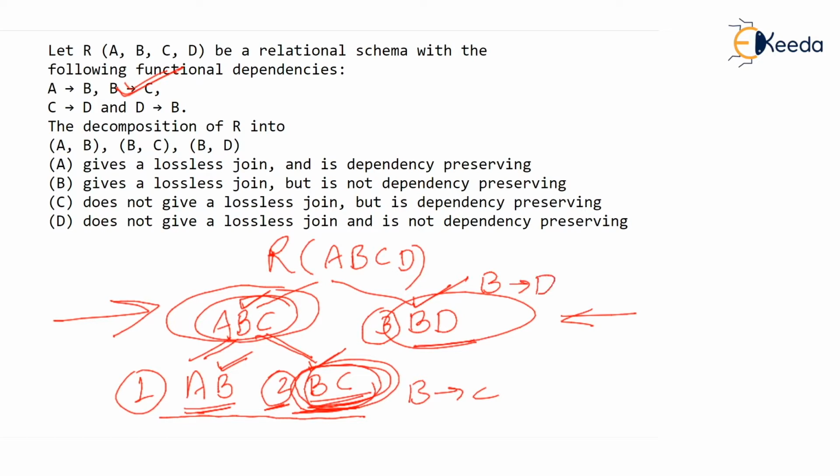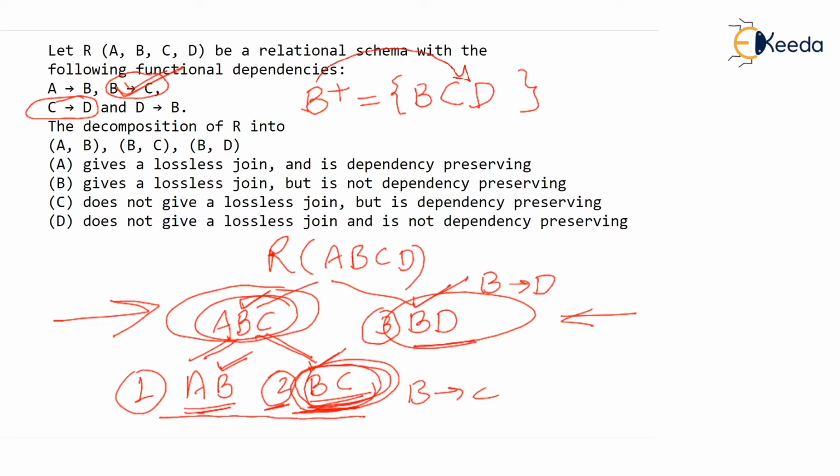The best thing is, you can find out B plus. If B plus contains D, then B determines D. Now B plus will contain B, and due to B determines C, C will be brought in, and due to C determines D, D will be brought in. That's enough. B is determining D, you observe.